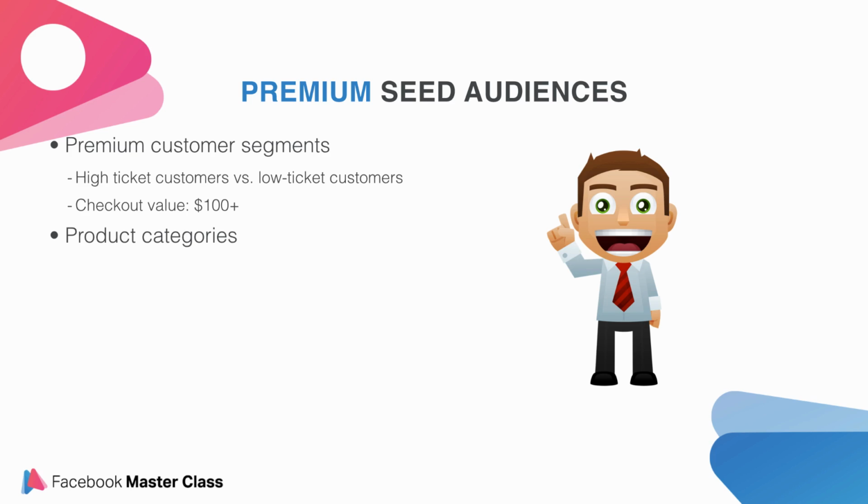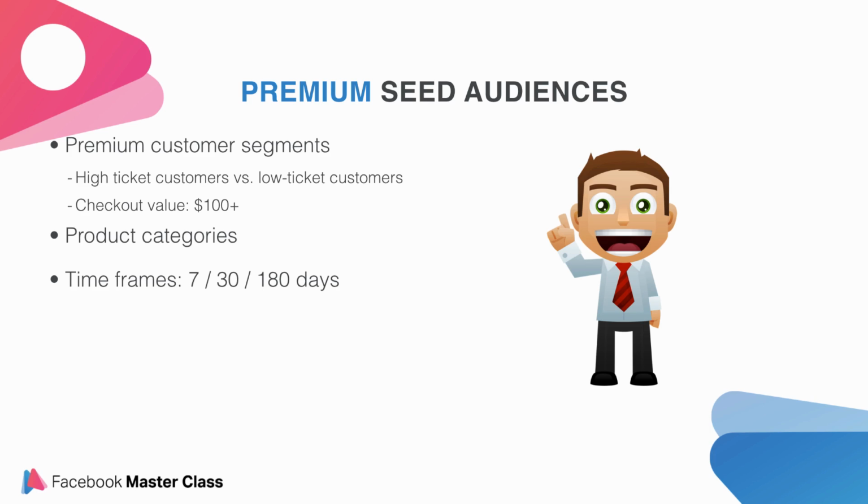But you can also segment your audiences based on the different product categories. So instead of grabbing all of your customers and putting them into a seed audience, you can just focus on all the buyers or all website visitors within a specific category, let's say the anti-aging category, to scale the product that you want to promote.